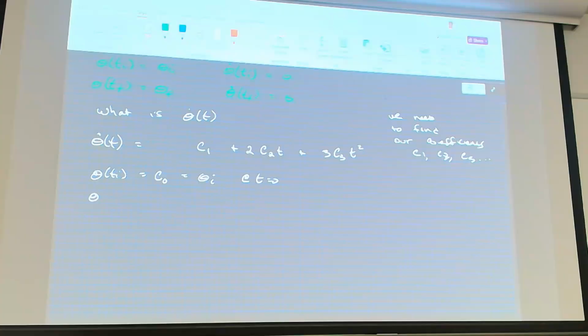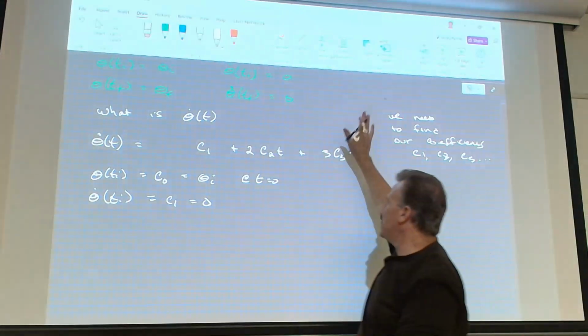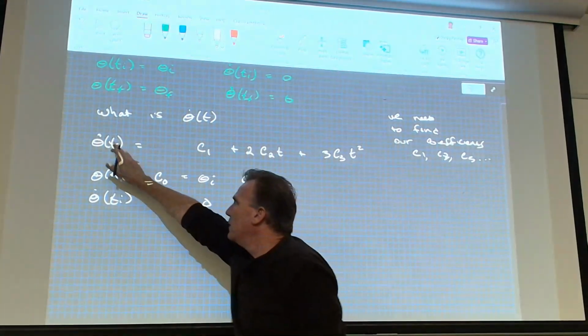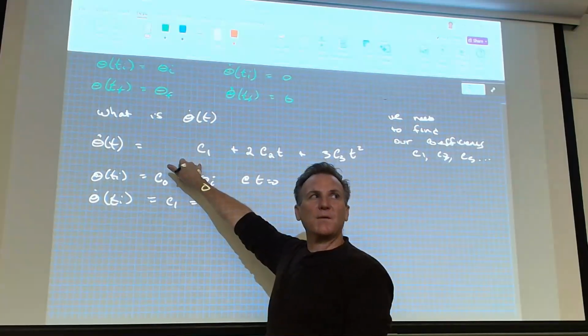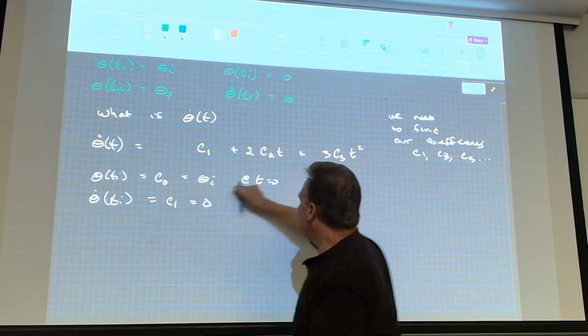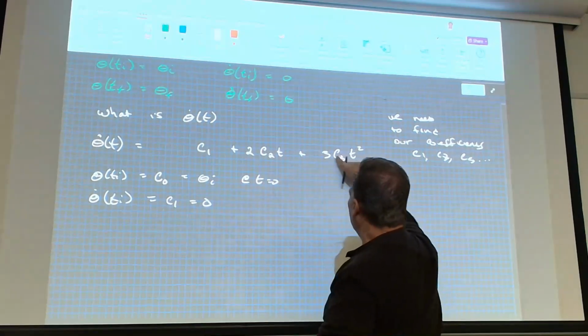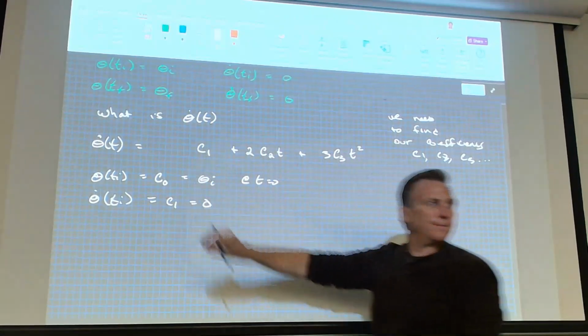And that our initial velocity at Ti is going to be C1. So again, we look at this, our initial velocity right here, T is equal to 0, goes away, leaving C1. If you want to say, where'd you get C1 from? Because T is at 0, we're left with that guy, right?